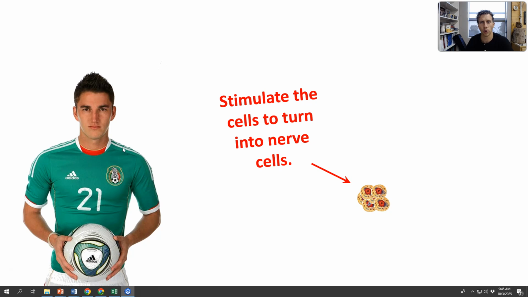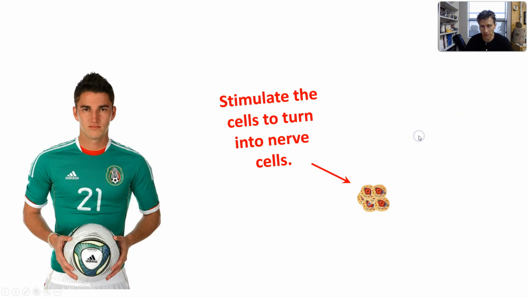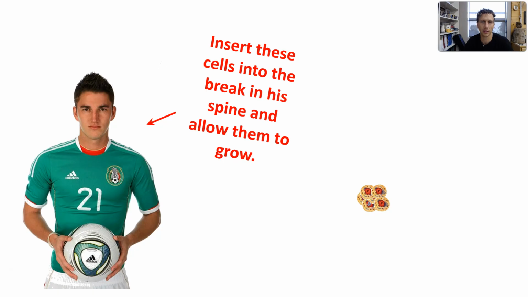Okay? And that's important because what we are going to do is we would take those nerve cells and we would place them back into his spine in the break and allow them to grow. Okay? When we give someone a transplant, like a blood transfusion or a skin transplant or let's say a liver transplant or something major like that, an organ, what can easily happen is their white blood cells kind of freak out and they say, hey, this is foreign.